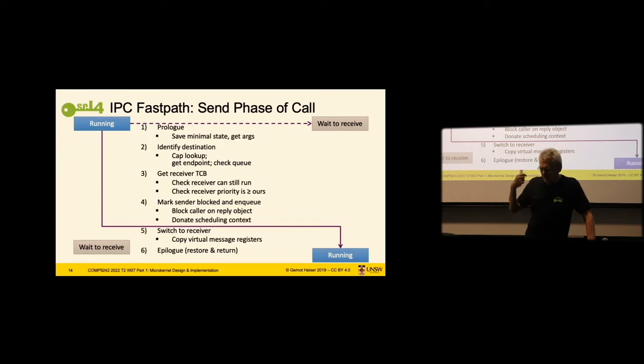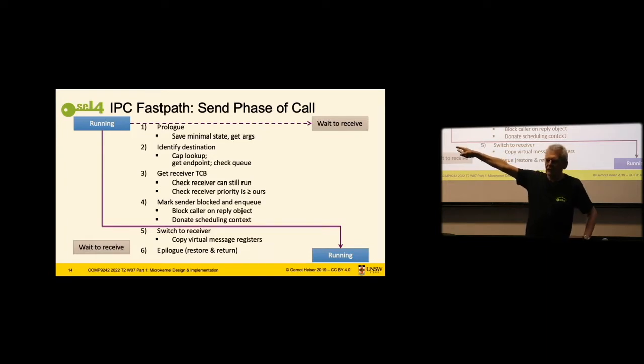The later generations, particularly the ones written in C or C++, then had this notion of the fast path to optimize the most common operation that really needed to be fast. And this is, on an abstract level, how the fast path for the send path of a call IPC works in SeL4.